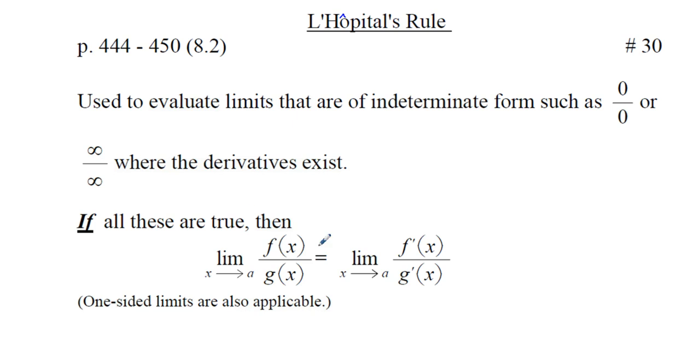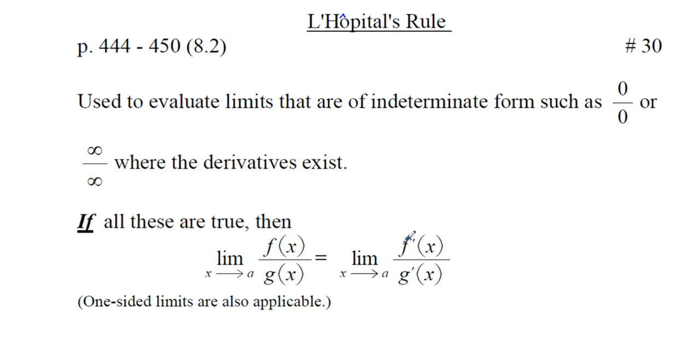And what you do is, for the limit as x approaches a of f of x over g of x, if that is 0 over 0 especially, it could be occasionally infinity over infinity, but mainly you see 0 over 0, it is the limit as x approaches a of f prime of x over g prime of x.